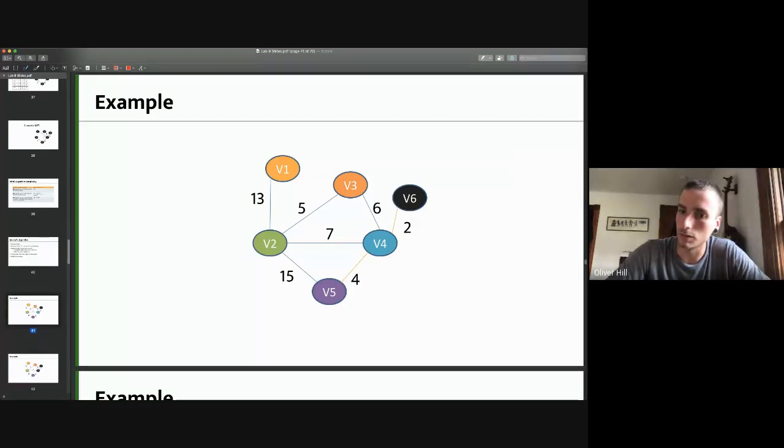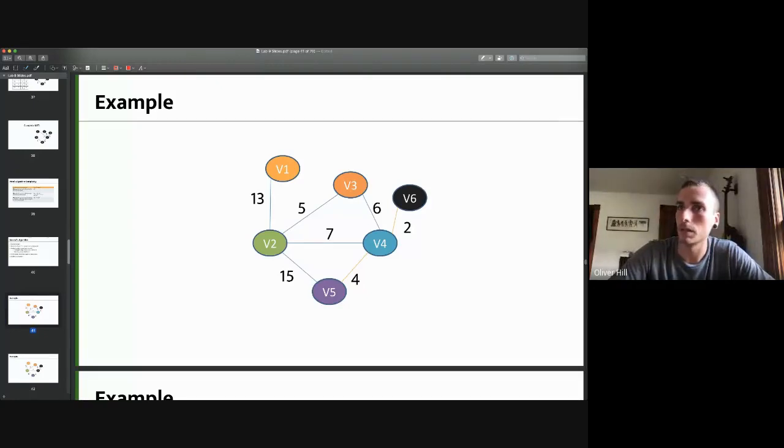So V2, V3, V4, V5, V2, V4. Yeah, that's a cycle. Yep. I think it's fairly intuitive, but yes, that is a cycle. Just anywhere that you could keep going.